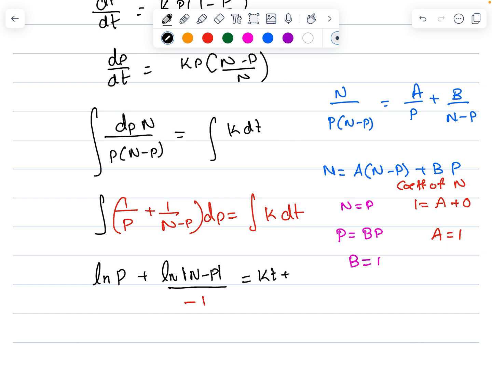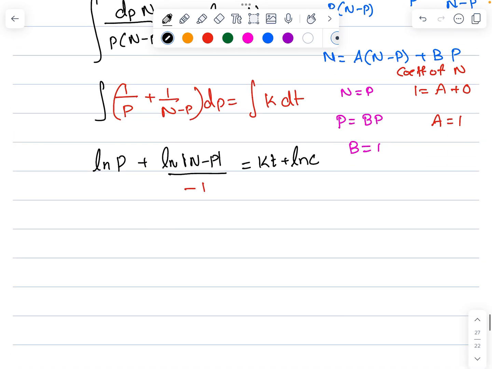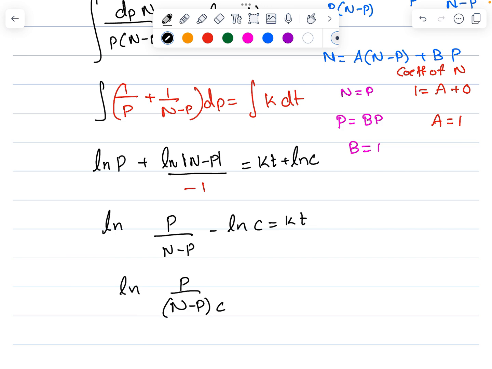What should I be writing for the constant? I will be writing the constant in terms of ln, so ln C. That makes our life easier. So ln P(N - P) minus ln C equals kt. So ln of P by (N - P) times C equals kt.